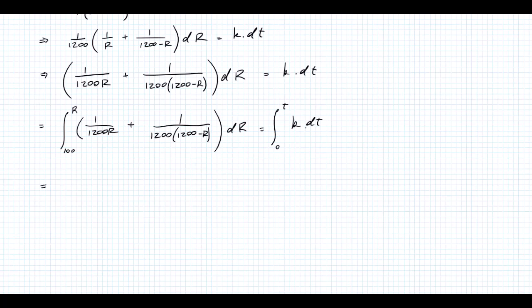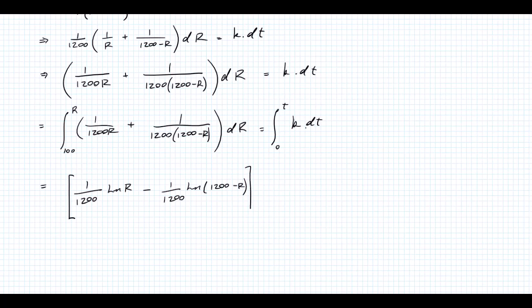Okay, so let's do the integration. On the left hand side we have 1 over 1200 anyway, and then 1 over r just becomes log r. Now here we've also got 1 over 1200, and it's going to be log (1200 minus r), but really we need to put in a minus as well here, because if you differentiate this, if you work backwards, you'll end up with a minus, so you want to put a minus in here as well, so that you will end up with this plus here.